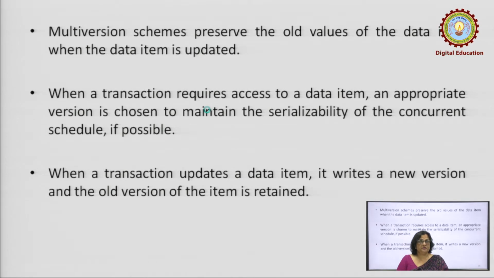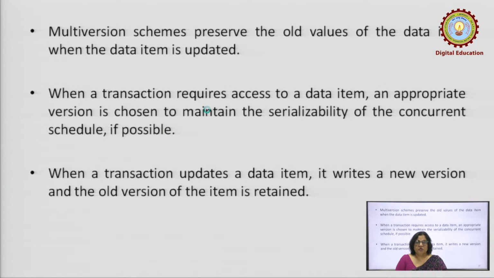This is achieved through the multi-version concurrency control schemes. Multi-version schemes preserve the older copies of the data item when the data is updated. When a transaction requires access to a data item, an appropriate version of the data item is chosen to maintain the serializability of the schedule.